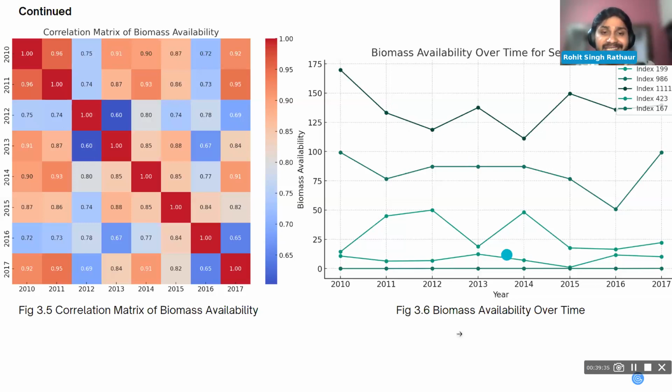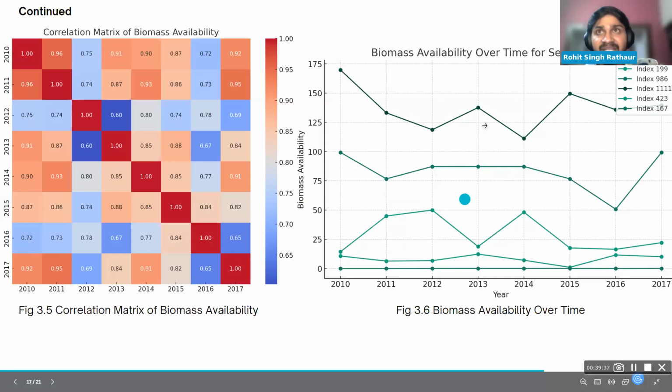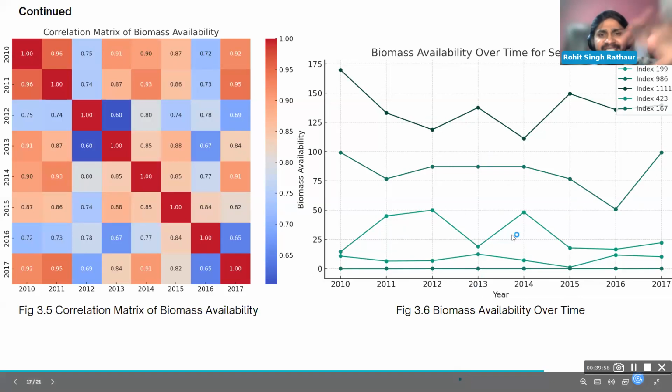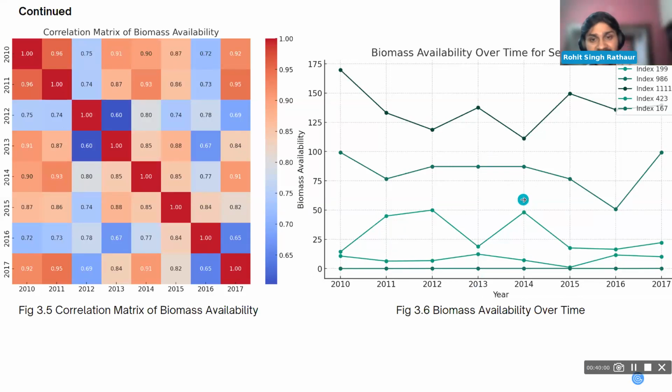And now if you will see the time series plot for selected locations, this plot shows the trend of biomass availability over time for a few randomly selected locations. Here the biomass availability seems to fluctuate over the years at these locations. So these visualizations helped me understand the data and also guided me in the next step of forecasting and supply chain optimization.